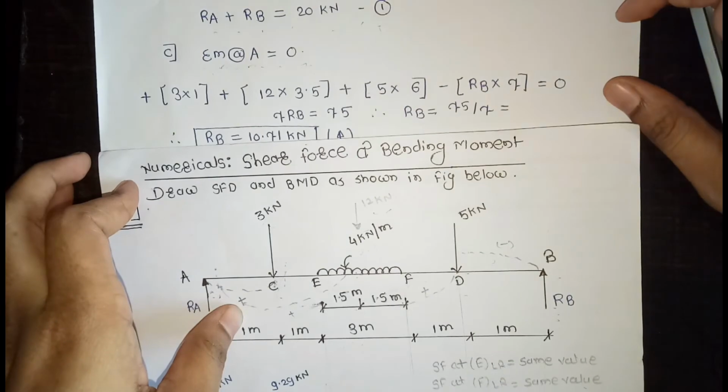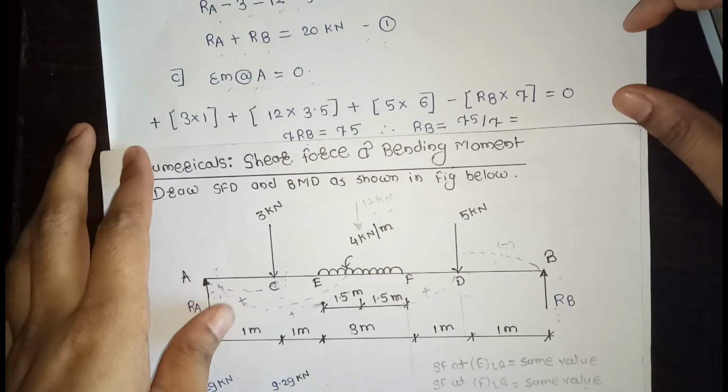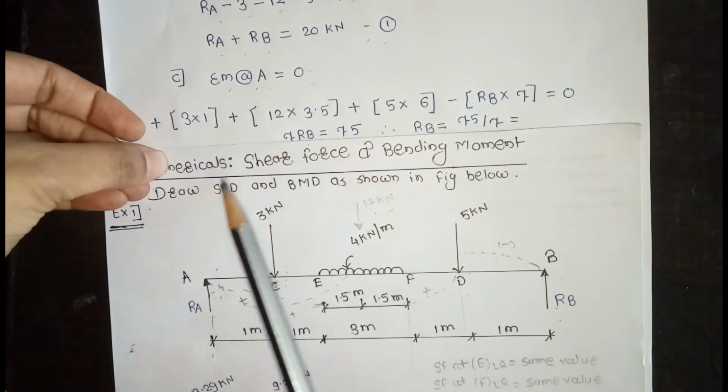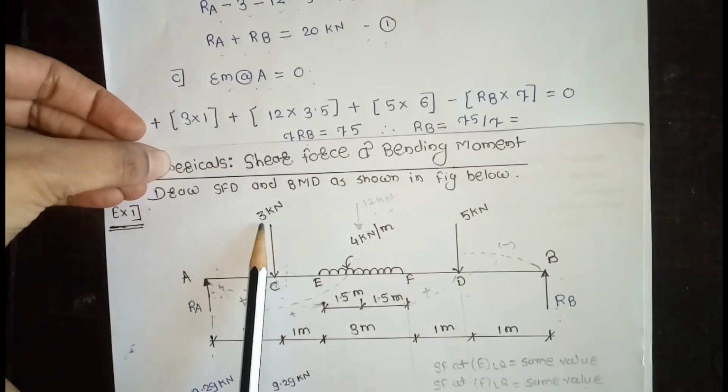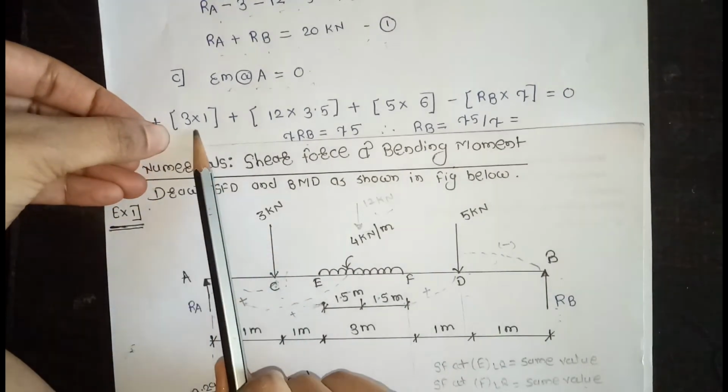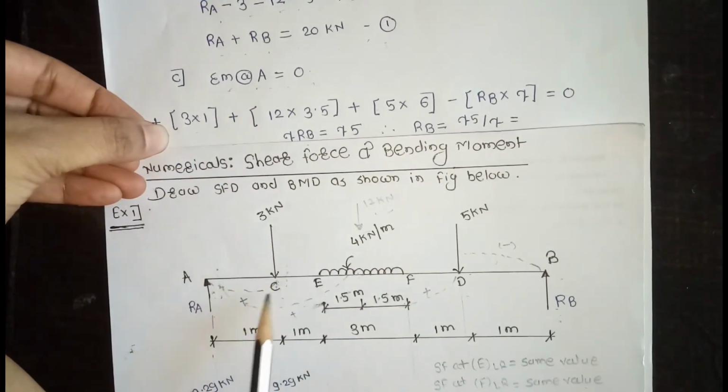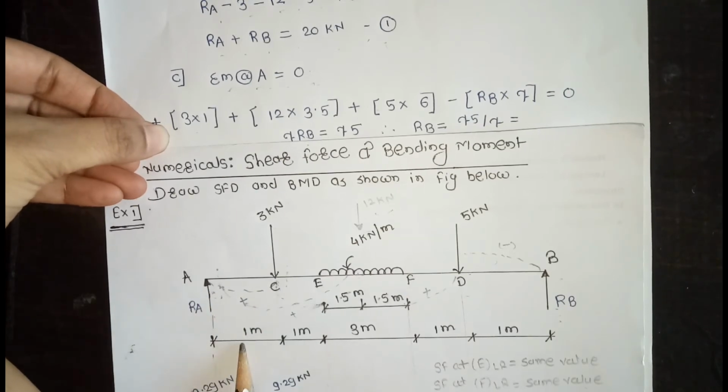So moment is force into perpendicular distance. The first force is 3 kN, 3 into the perpendicular distance C to A, which is 1 meter.